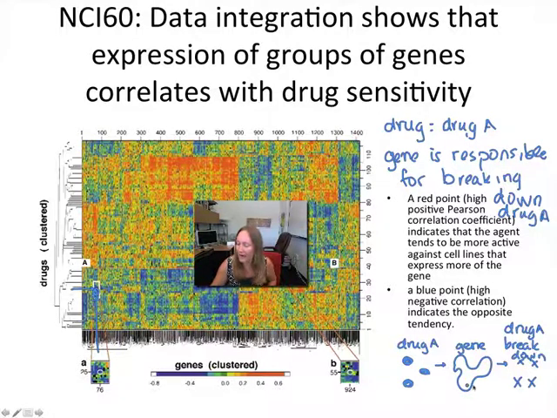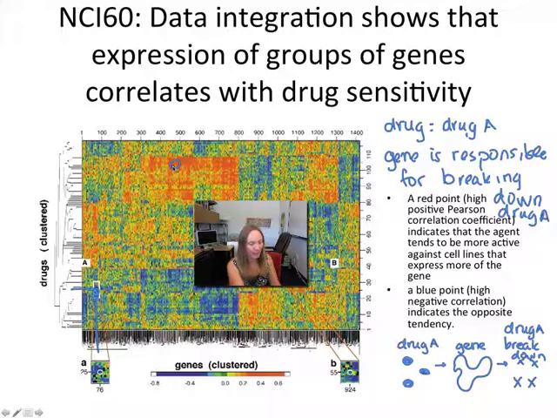Then if you have a lot of this gene, you're going to be breaking down this drug more and more, so there's not as much of it hanging around in its active form, which means it might not have the same robust effect on the cells because it's getting converted to X's so fast because you have a ton of this gene. The opposite situation in these red dots is also true.